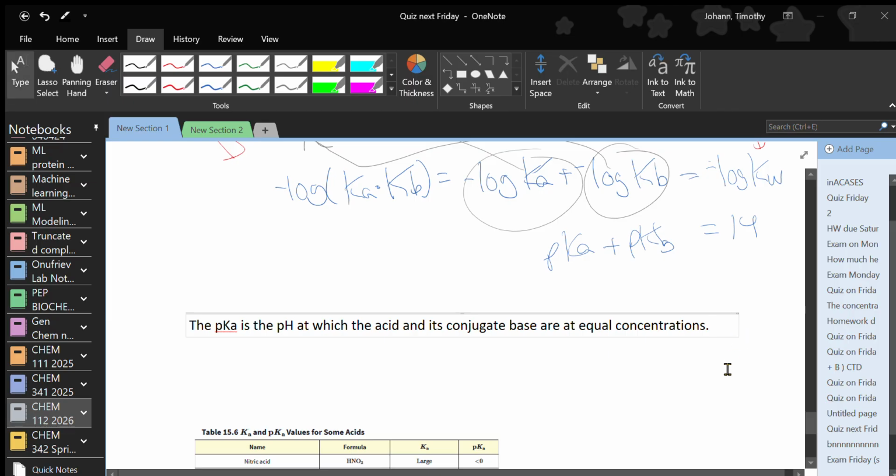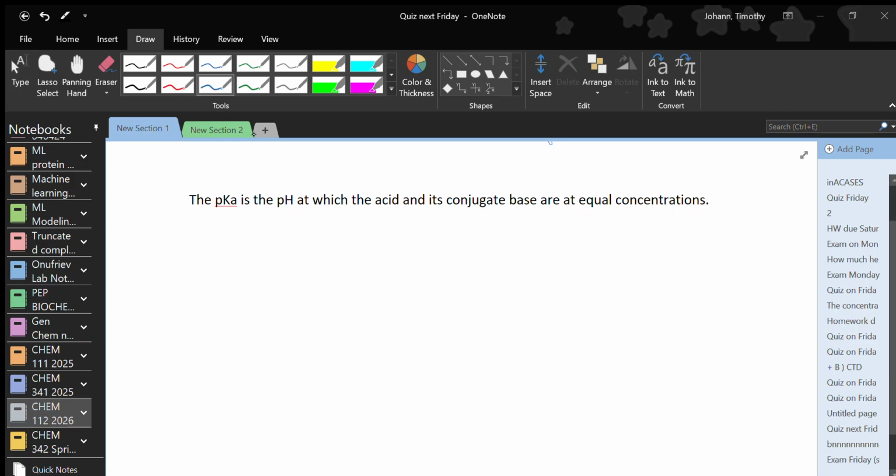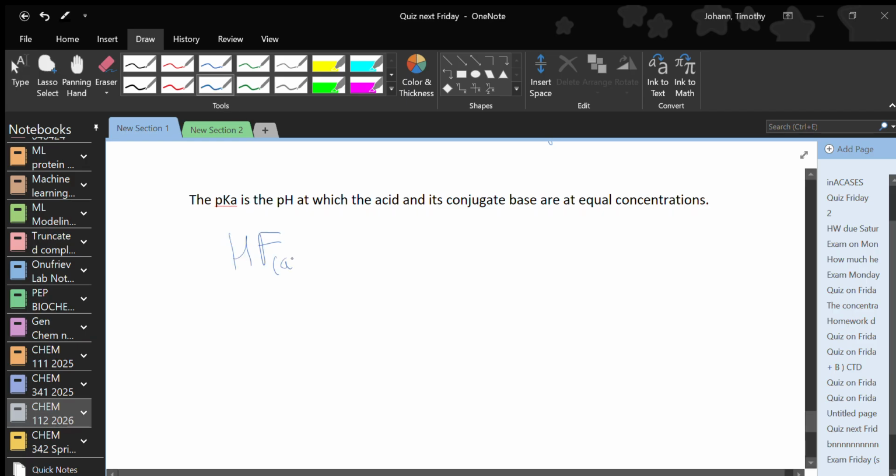All right, so let's go back to this hydrofluoric acid example we've been using. Hydrofluoric acid can dissociate to make H plus and F minus. And we just calculated the pKa for this reaction was 3.20.